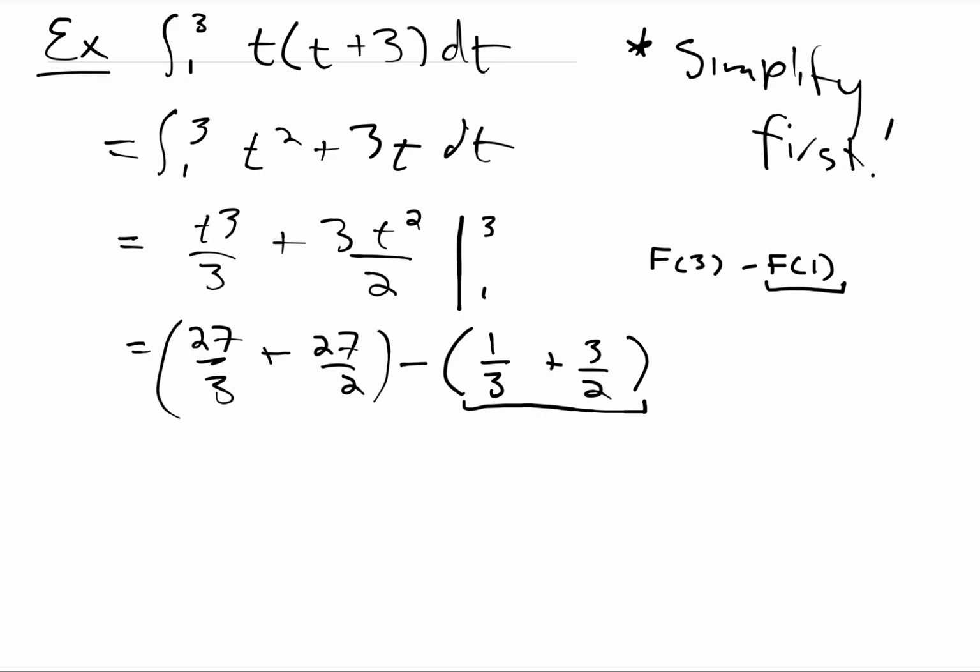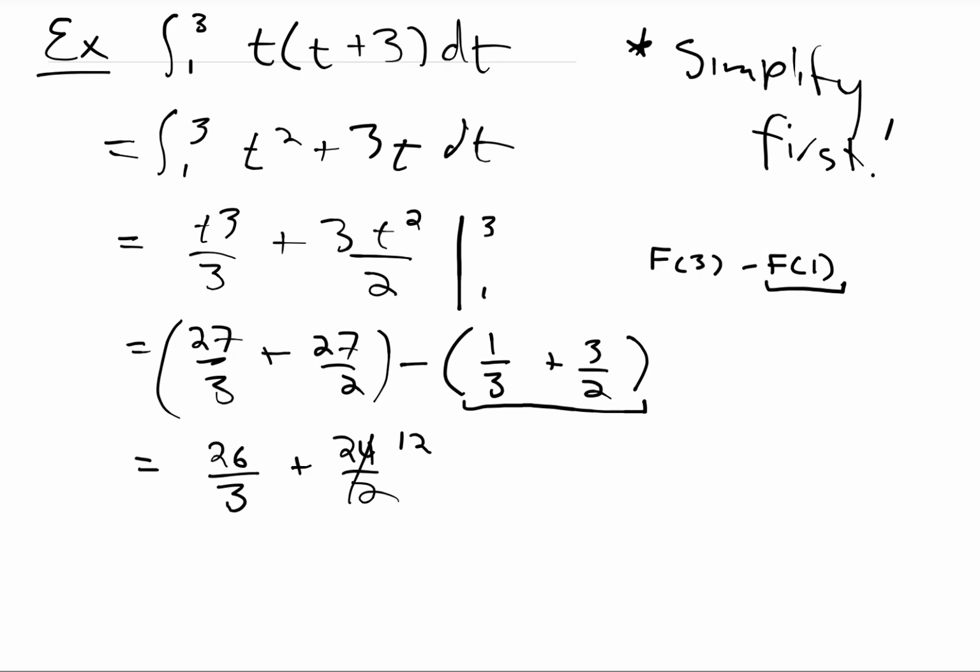So if I make sure that each of those things distributes, I can combine like terms a little bit here. 27 thirds minus 1 third, that'll give me 26 thirds. 27 halves minus 3 halves, that'll get me 24 halves. I can clean this up a bit, this guy cancels to 12.